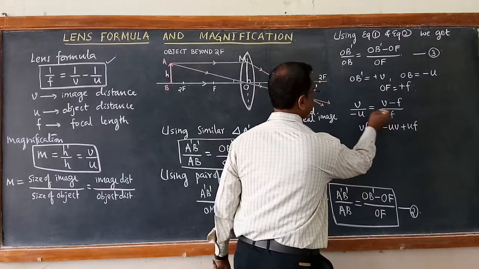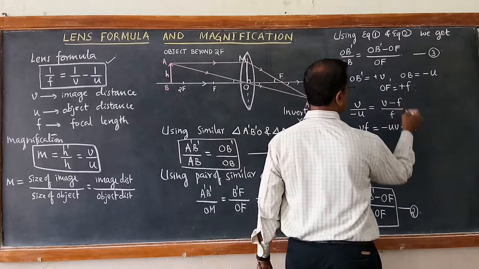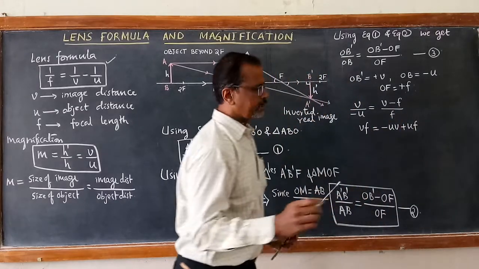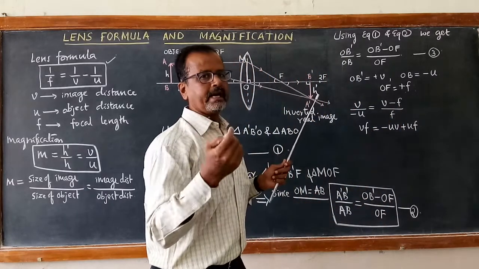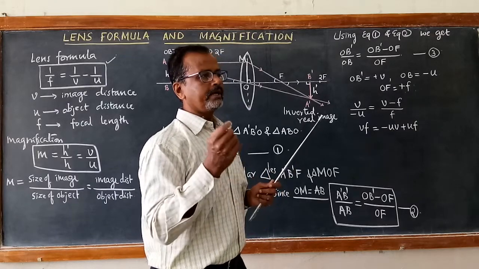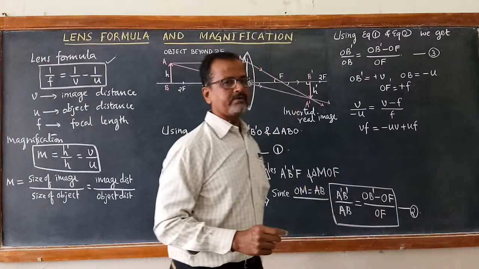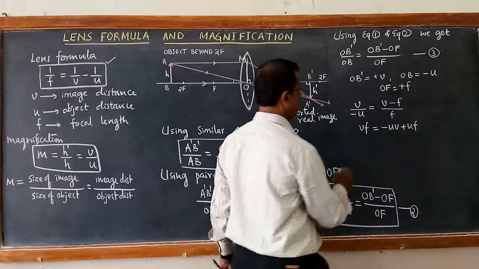VF is equal to minus UV plus UF. Okay. Now recall how did we get the mirror formula? We divided this entire equation by UVF.